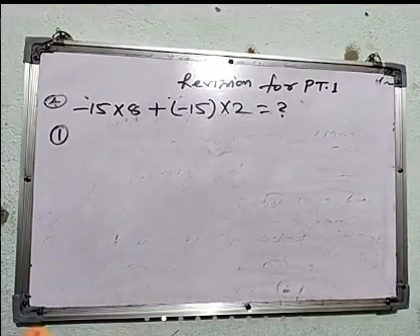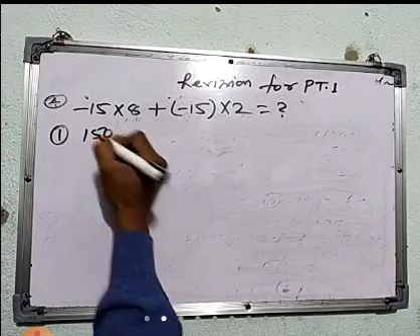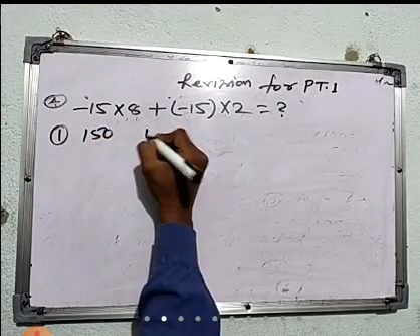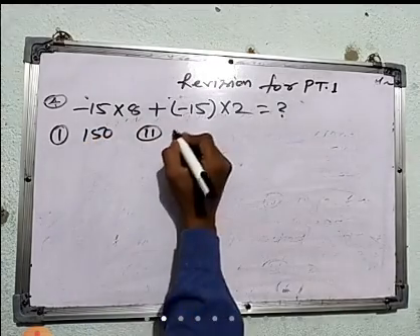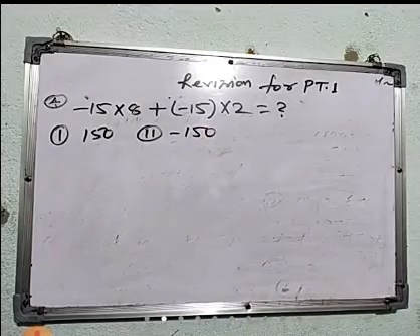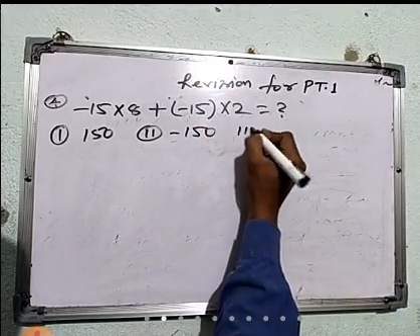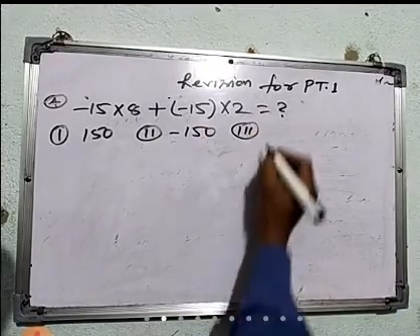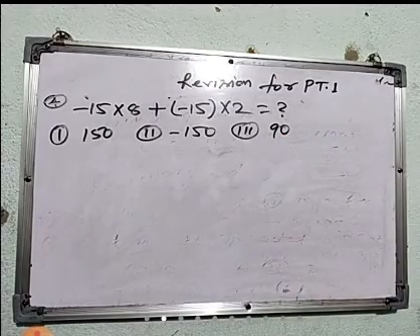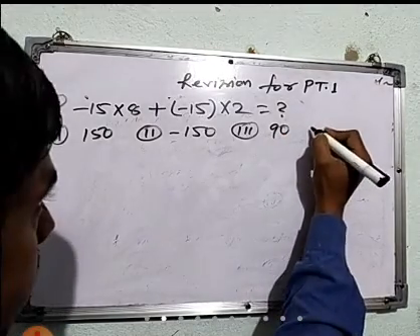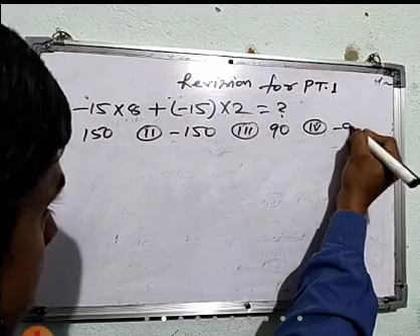You have option first 150, second -150, third 90, and fourth option -90.